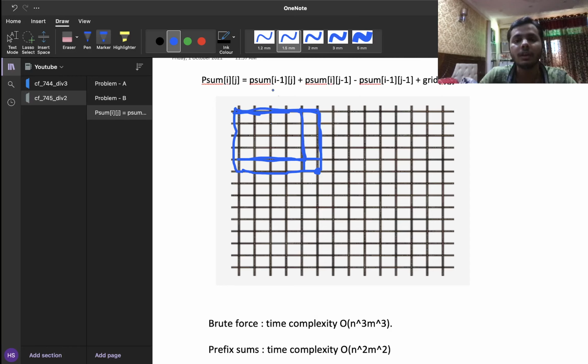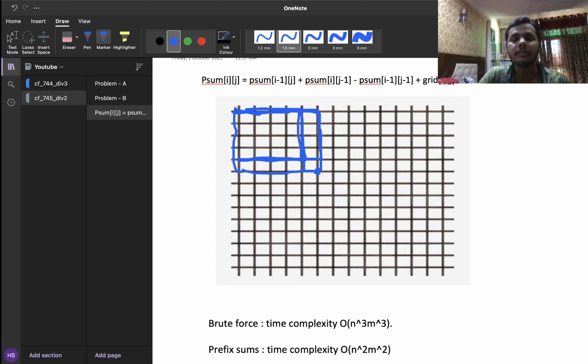Okay. So if I am taking prefix sum of i minus 1 j and then prefix sum of i j minus 1, you will notice that I am considering this region 2 times. Okay. So if I subtract from this the prefix sum of i minus 1 j minus 1, I am considering this region once, this region once, and this region once. So basically I have considered everything except my i j once, and that is why I add grid i j to the end to get prefix sum of i j, right?